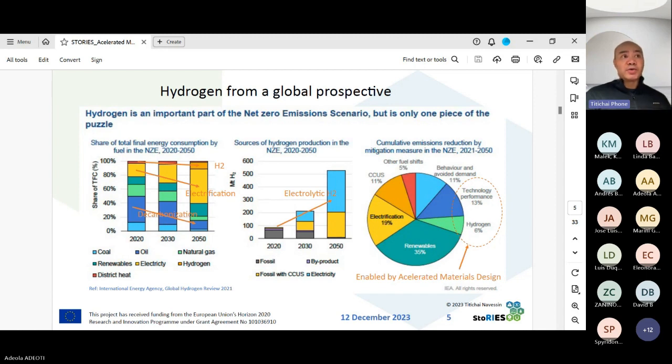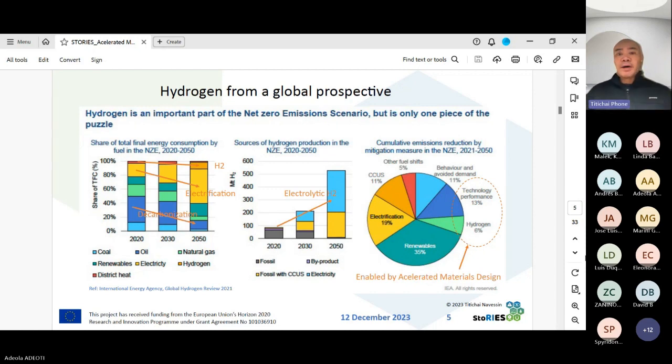Renewables will increase, and I'll talk a bit more in the next few slides. But what I want to draw your attention to is the technology performance and the hydrogen mix. That accounts for 19% of the overall. These are driven primarily by energy materials and the need for us to do this. On the next slide, please.